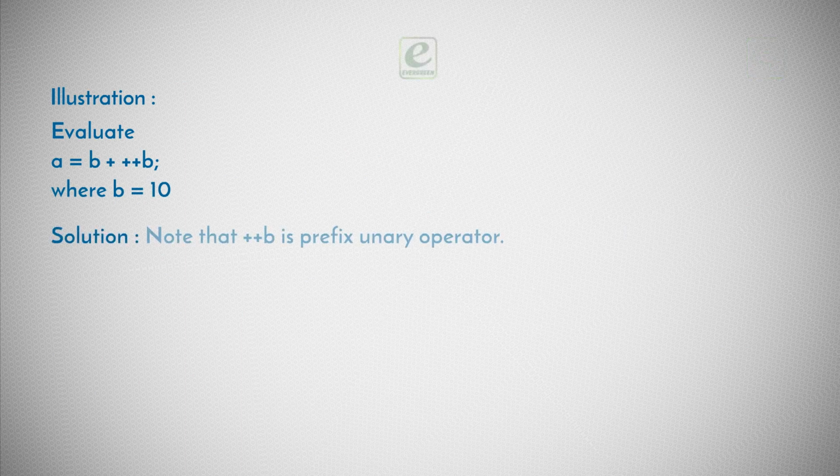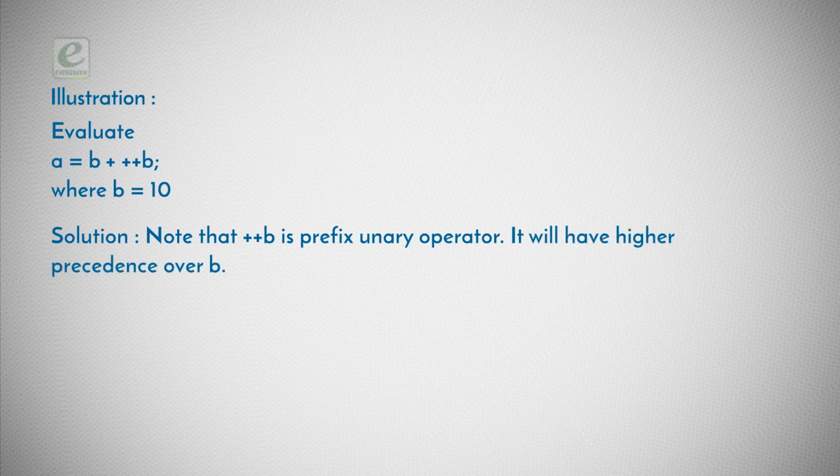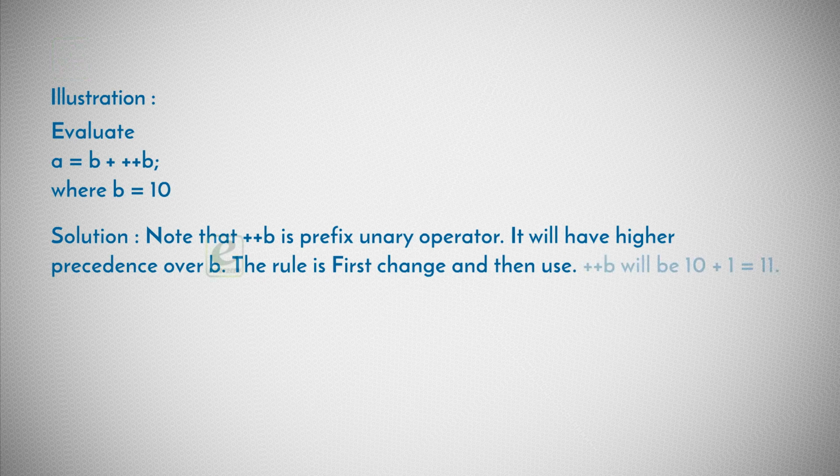Illustration. Evaluate A is equal to B increment plus B, where B equals 10. Solution. Note that increment B is a prefix unary operator, it will have higher precedence over B. The rule is first change and then use.